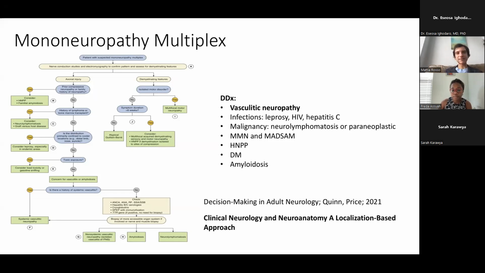And the last thing that you can present with is a diabetic amyotrophy, which is an asymmetric, proximal leg weakness. That's absolutely outside of the scope of today, but it's another way diabetes can present.